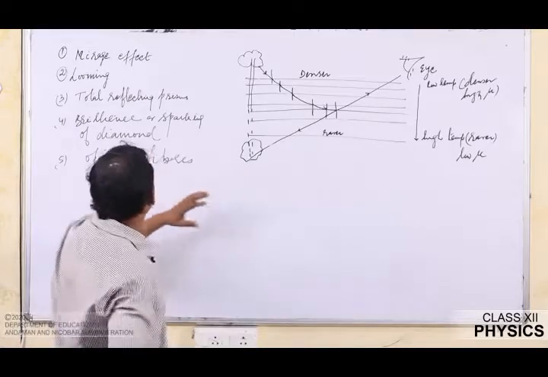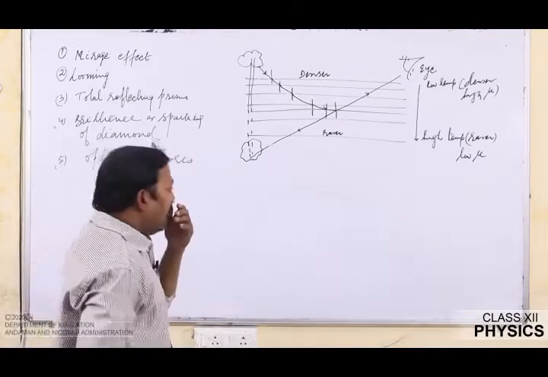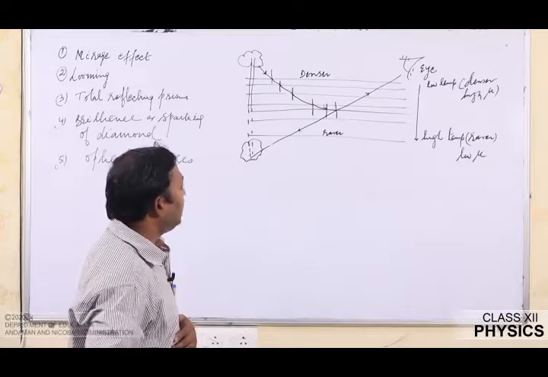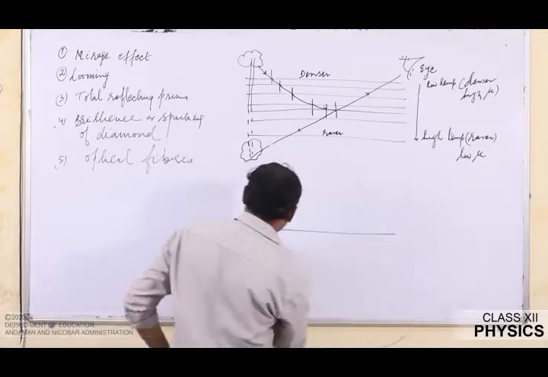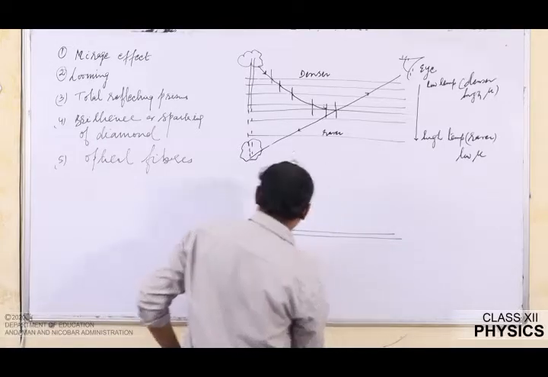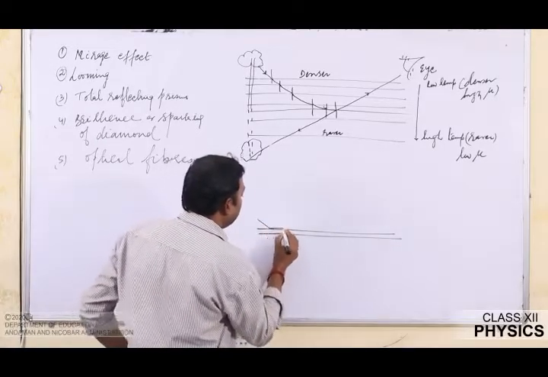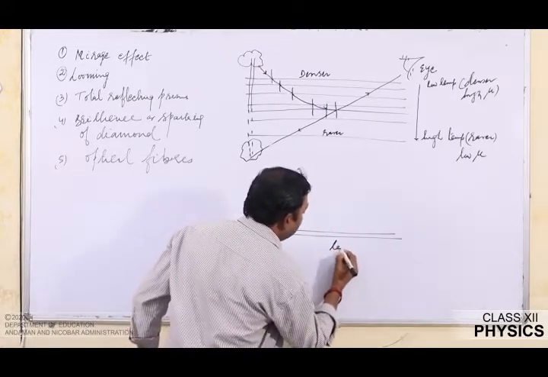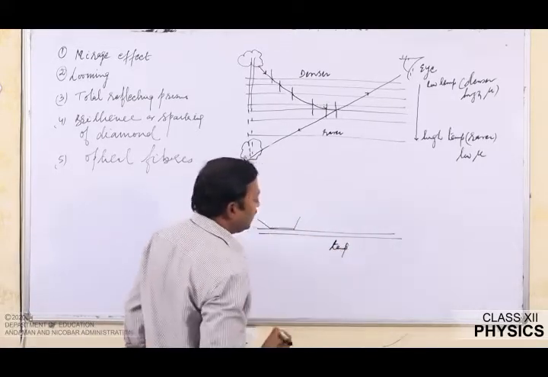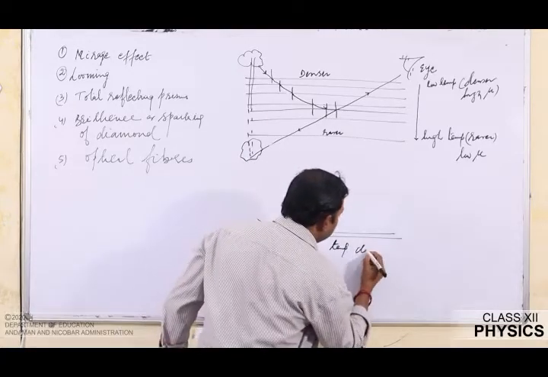Next we have looming. Normally looming is seen in icy areas where ice is there. Suppose here we have an icy region, say in an iceberg a ship is there. Because of the icy region, the temperature is low, and lower temperature means the medium is denser.